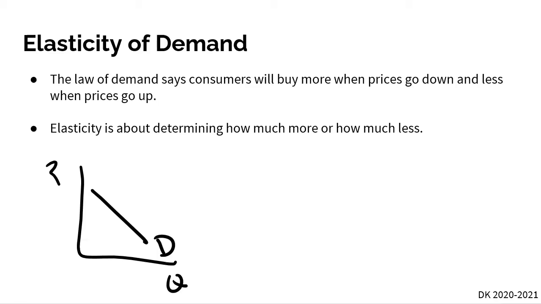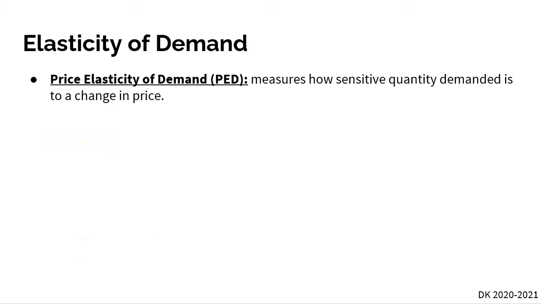And so all elasticity is just determining how much more does our quantity demanded go up, or how much more does our quantity demanded go down. So it's just sort of how much. Because all the demand curve tells us is that quantity demanded, or if there's a shift, demand is going to increase or decrease. Elasticity tells us how much it's going to increase and how much it's going to decrease.